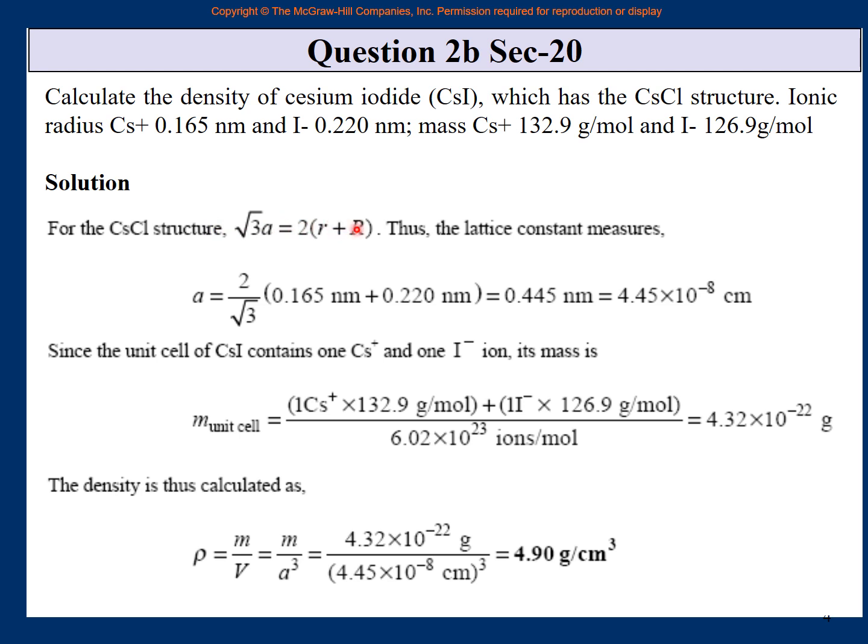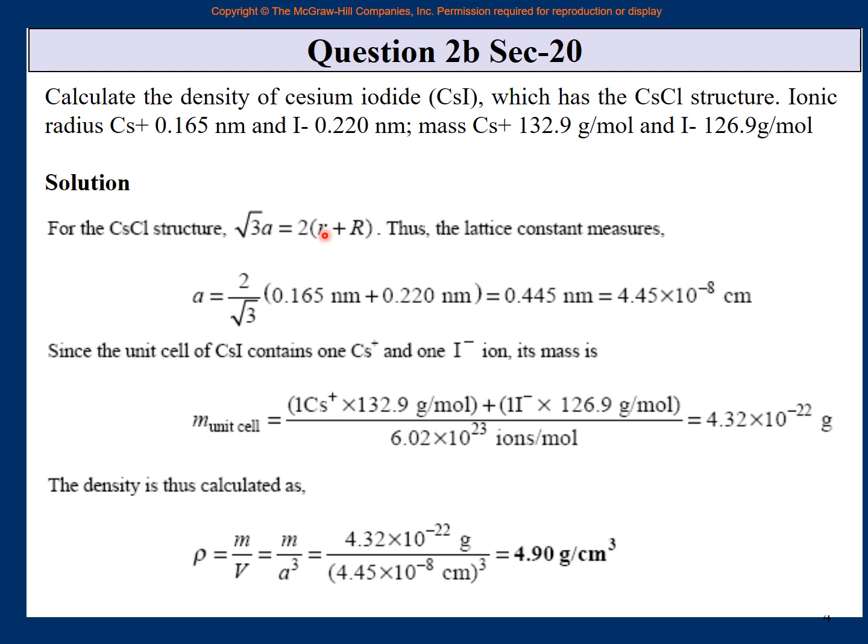We have done this in the example for BCC type of structures, which is the structure of cesium chloride, which cesium iodide has a similar structure to. Root 3 a is equal to 4r if it was a pure substance, but if it is a small r and large r, then root 3 a is equal to 2r plus 2R.